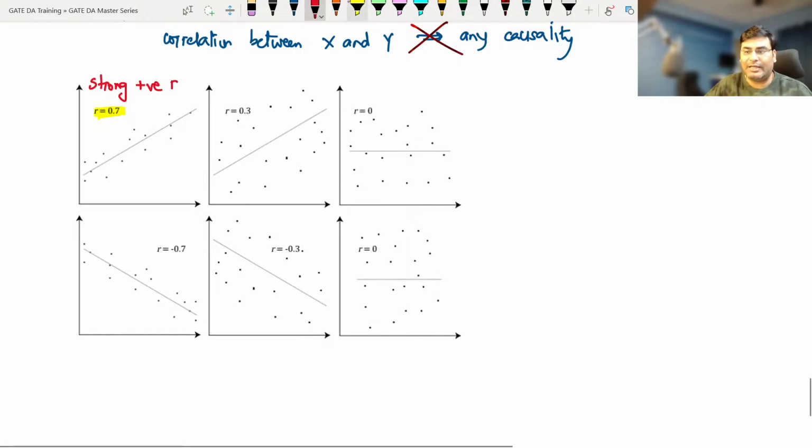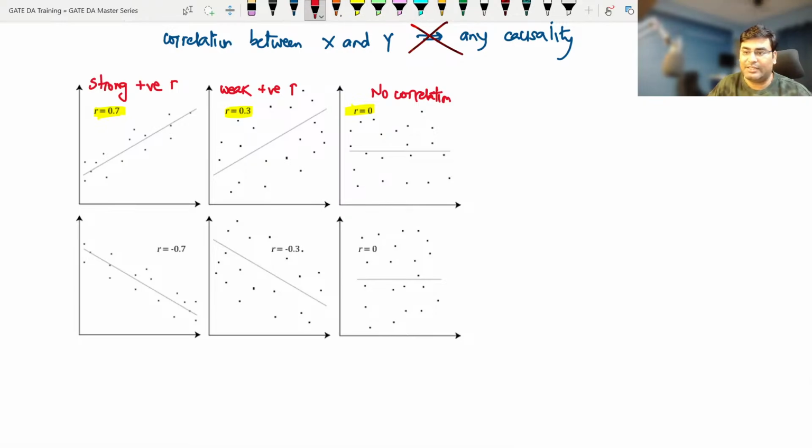Here, r is 0.3, so that goes into the category of weak positive correlation. It's not very strong. Can you see that the actual data points are far away from the regression line? And you already know that this one means no correlation.